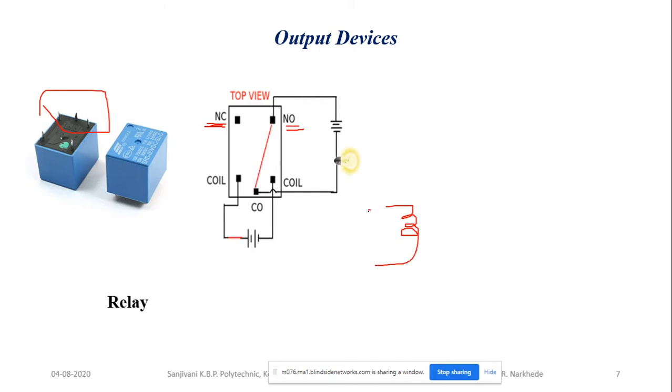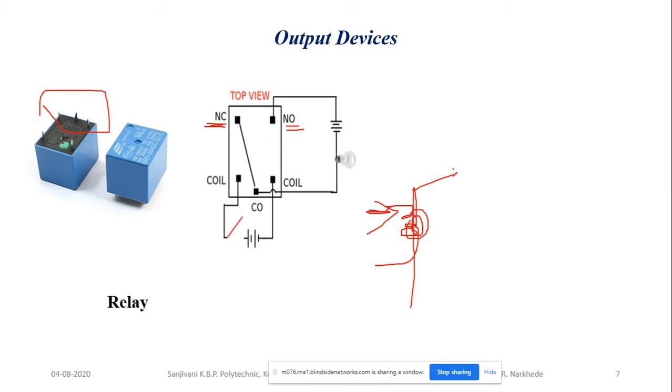So when the supply is given to the coil, the current will flow through the coil, and whenever current flows through the coil, it produces a magnetic field. Because of this magnetic field, the central contact or the common contact present over here will get attracted. Normally, this is called the plunger, or this is my common contact over here.